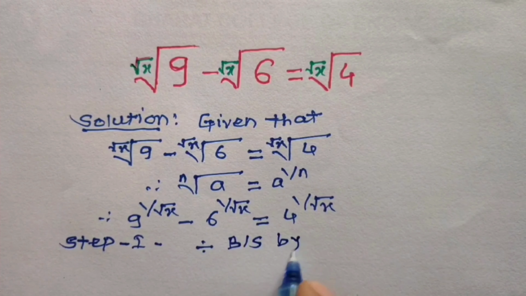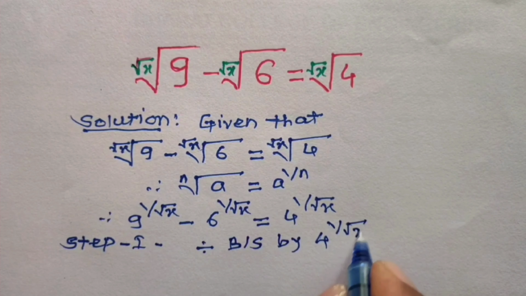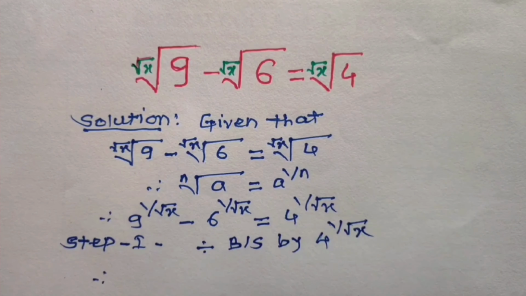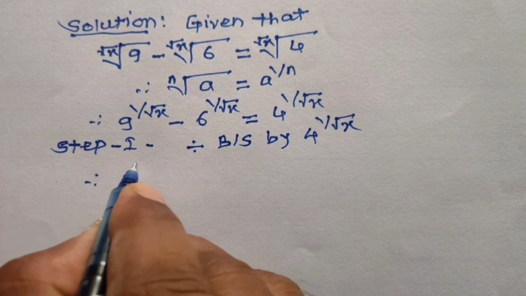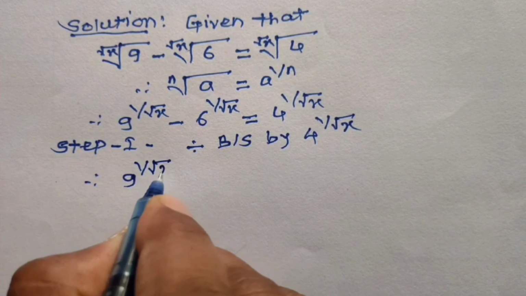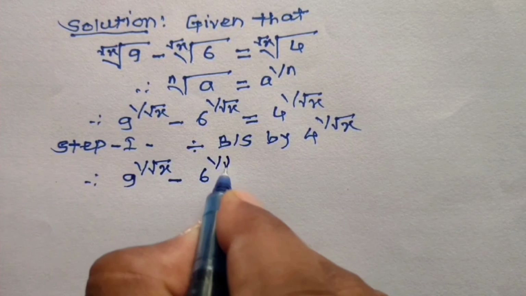We have to solve this sum step by step. So, step number 1 is divide both sides of the above equation by 4 to the power 1 over root x, so that we should get right hand side 1.